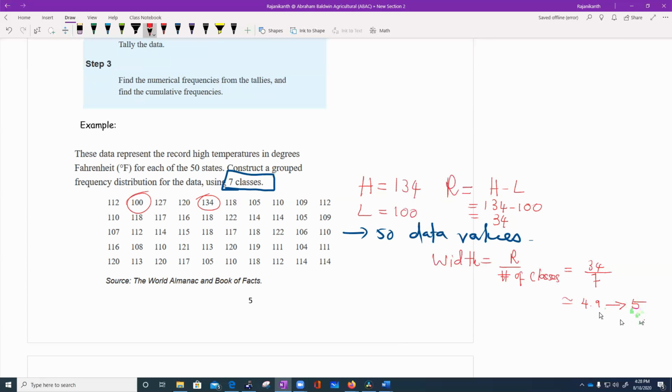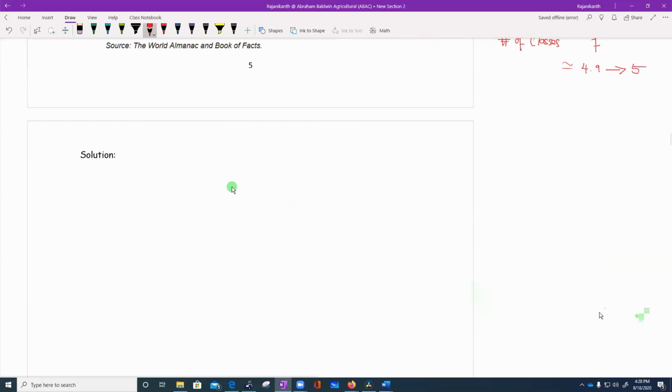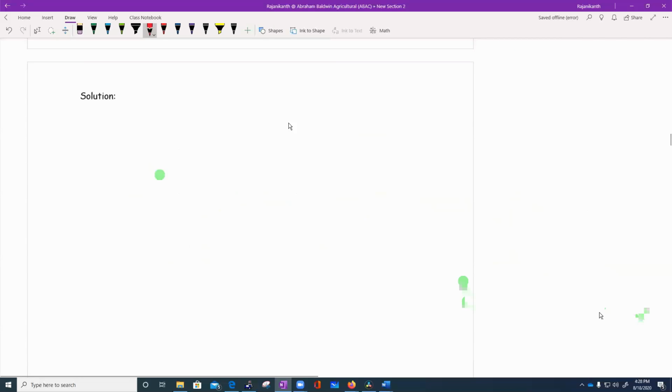So now, what do you want to do? You know the class width now, right? Now you are going to make the frequency table. Let me draw the table here. It is very hard for me to draw lines.